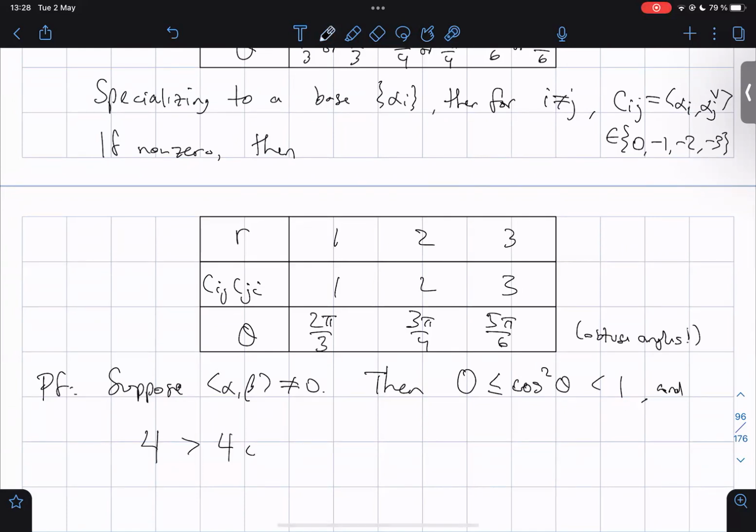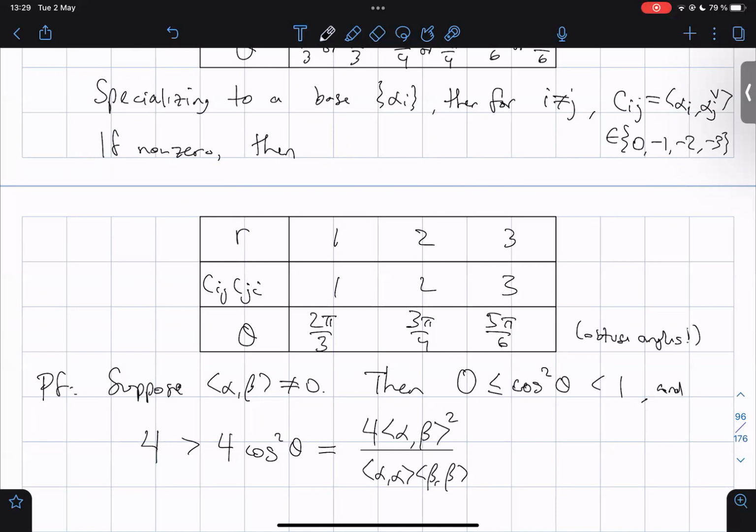I'm going to multiply by 4. You'll see where this is coming up. Cos squared is computed by taking alpha beta squared and dividing by alpha alpha, beta beta. So I need a square in here.